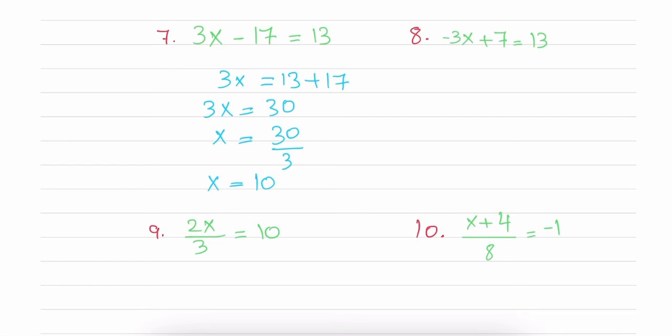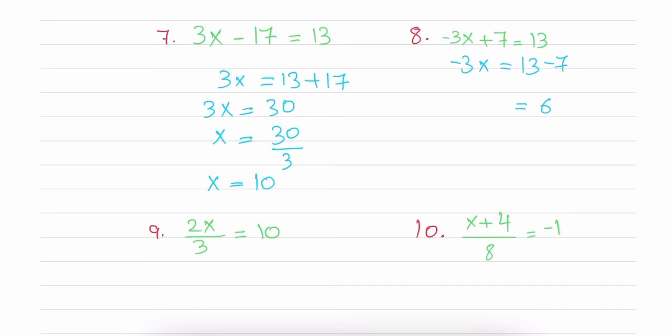Question 8. Negative 3 times x plus 7 equals 13. First, as we said, the plus 7 means I have to subtract 7 from both sides. This would be negative 3x equals 13 minus 7. 13 minus 7 is 6.